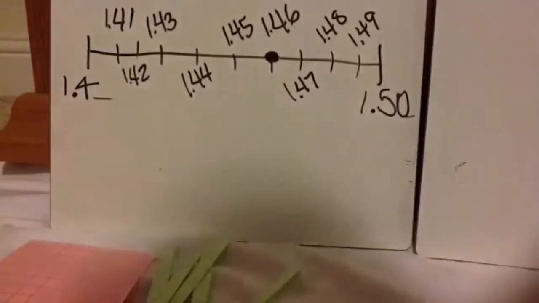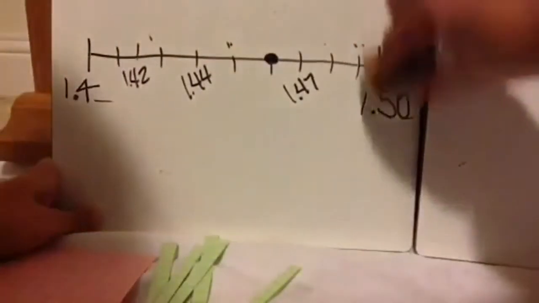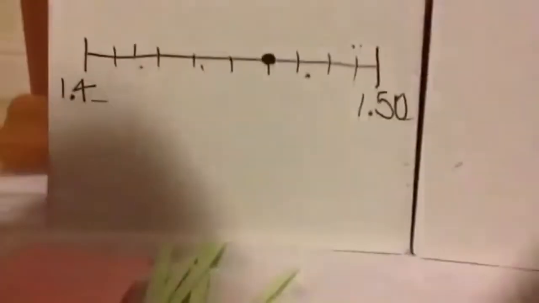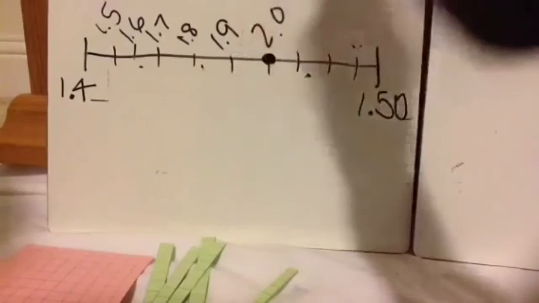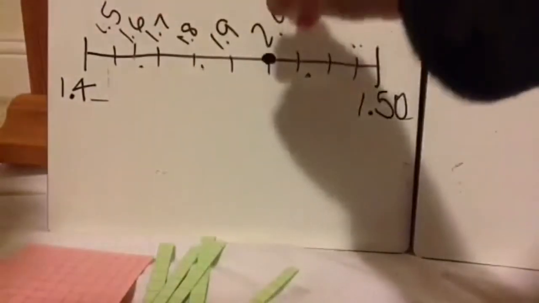The reason why it's important to fill out the entire thing is because, let's say someone is like, oh, it's 1.5, 1.6, 1.7, 1.8, 1.9. The answer must be 2, and I guarantee you that would be an answer choice.